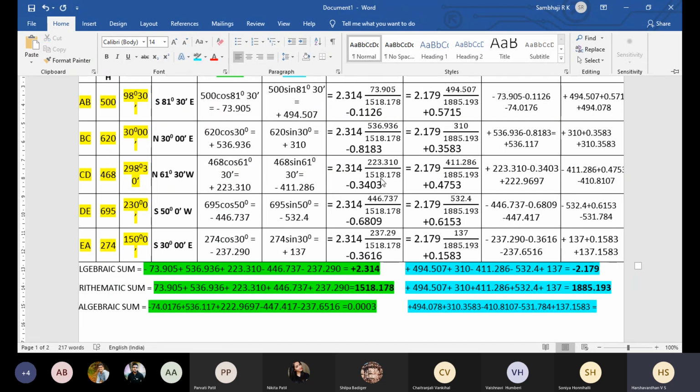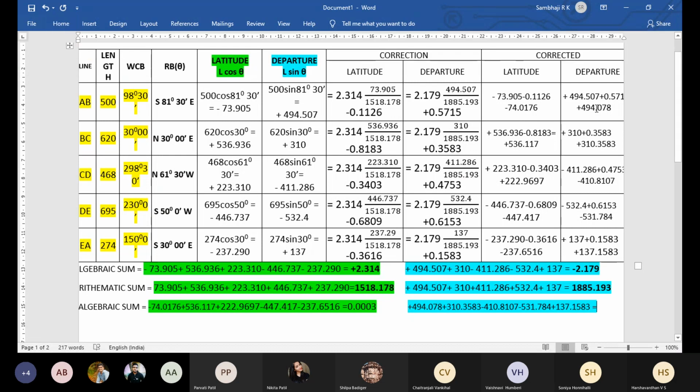What is the algebraic sum of all the departures? Sir, minus 0.0003.